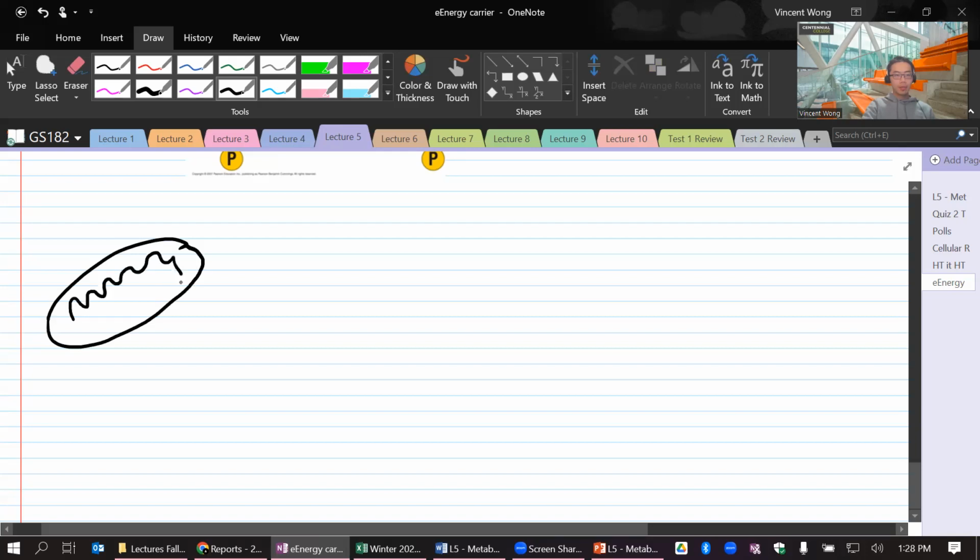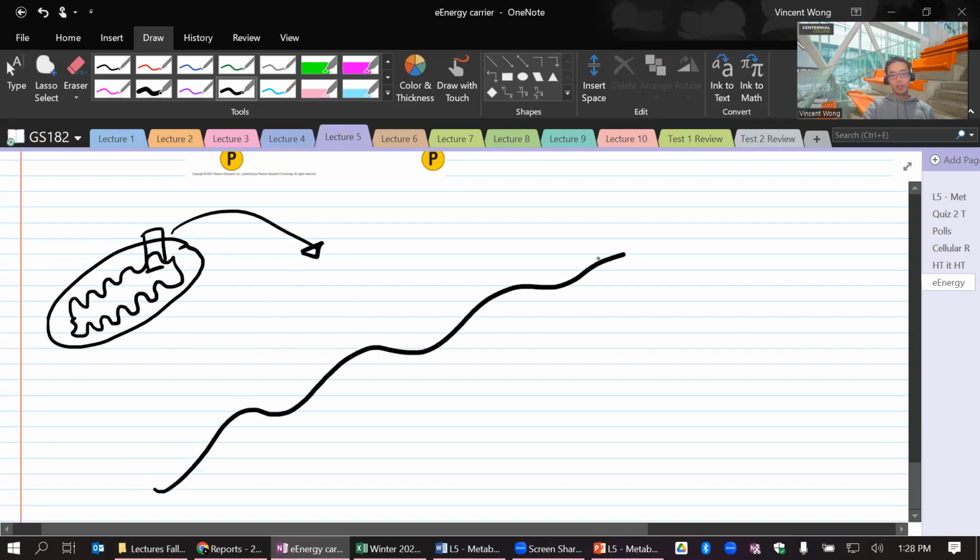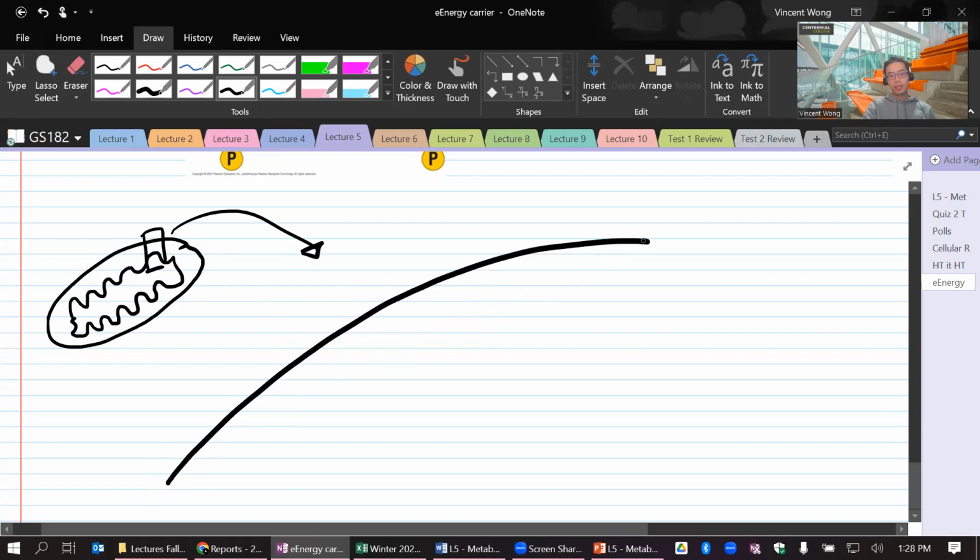This is the inner membrane. And what we're gonna do is we're gonna take a slice of it, and then we're gonna zoom in. So here we have the outer membrane, and then we have the inner membrane.